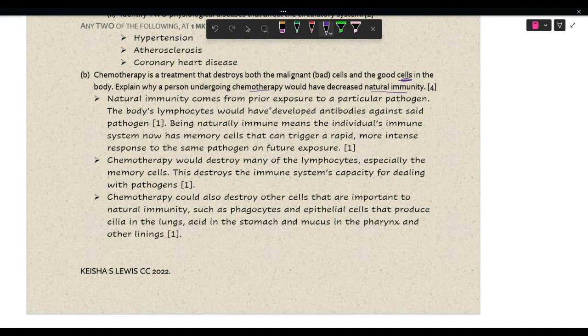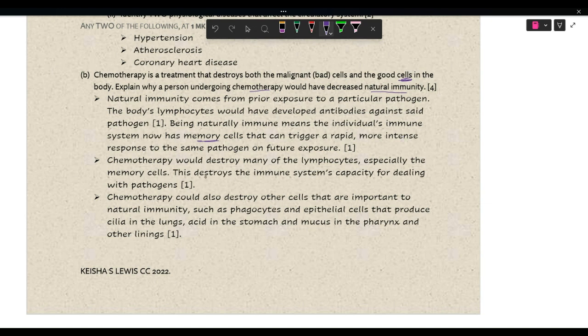You get natural immunity from prior exposure, and antibodies are developed, and you now have memory cells, important, that can then trigger a more rapid and more intense response on future exposure. And that's essentially what natural immunity is, right?